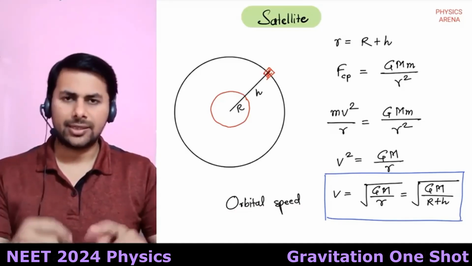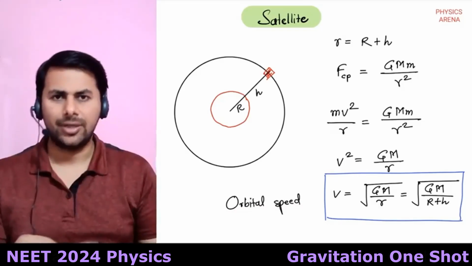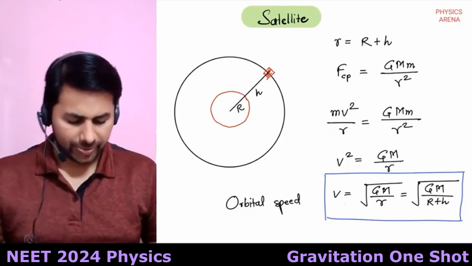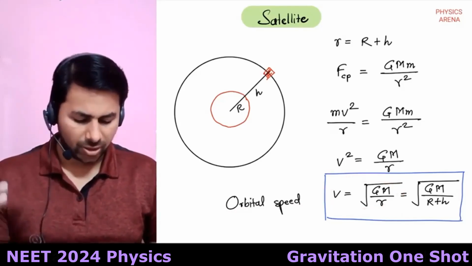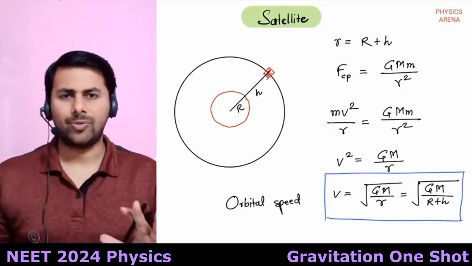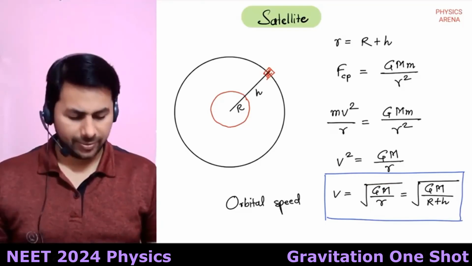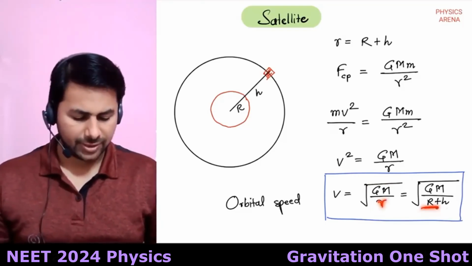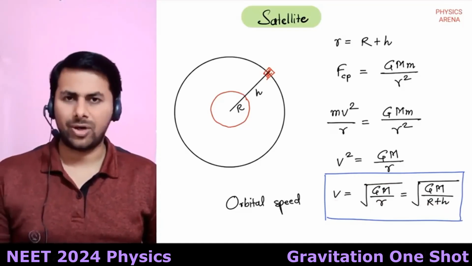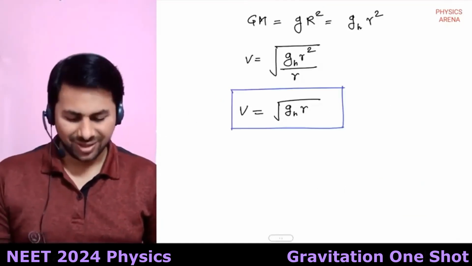Okay, considering that the satellite revolves around Earth in a circular orbit, we find the orbital speed of the satellite, and it is equal to root of GM upon r, small r, which is equal to capital R plus h. So this is the formula for orbital speed we need to remember.